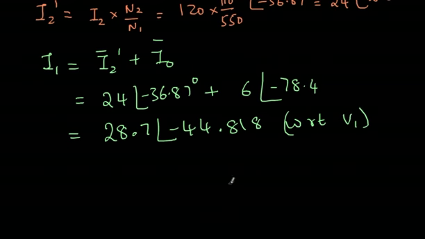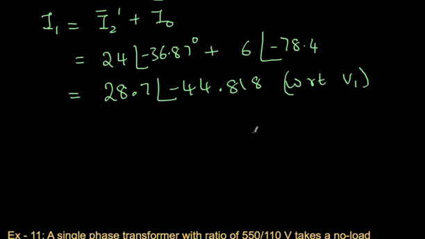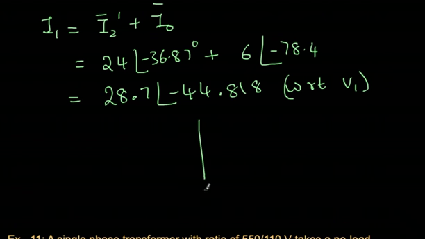V1. So in other words, let me draw a neat vector diagram. This is V1, and in fact I'll draw it to scale. So it should be 4 times longer actually. This is I naught, whose magnitude is 6 and the angle is minus 78.4 with reference to V1.